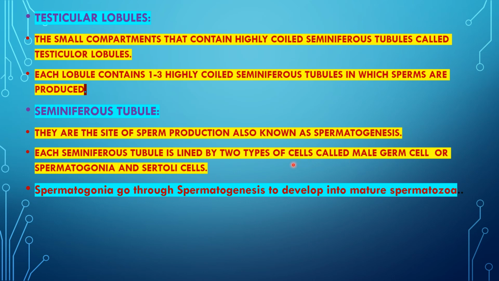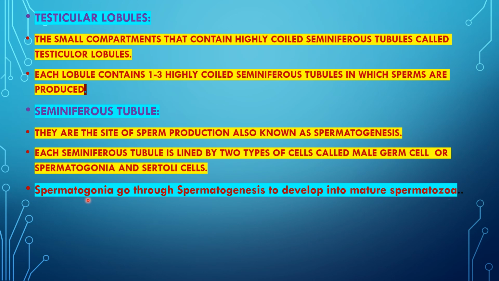So what are the two kinds of cells present in the inner lining of the seminiferous tubule? The male germ cell, otherwise known as the spermatogonia, and the Sertoli cells. What is the function of the spermatogonia? Spermatogonia go through spermatogenesis to develop into mature spermatozoa.